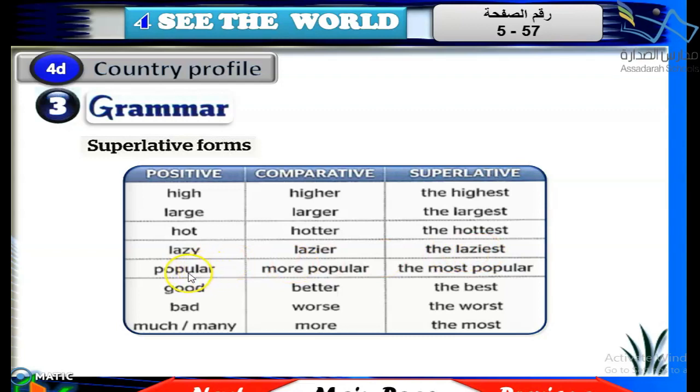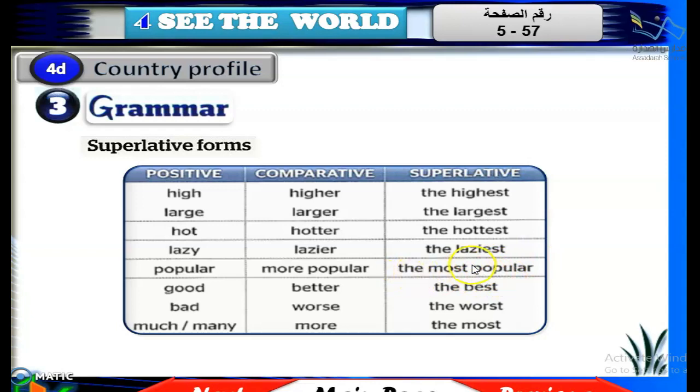Popular, it is a long adjective. In the superlative form, we write the article the, and then most, which is the superlative form of more, and then we write the adjective without any additions, without any changes.